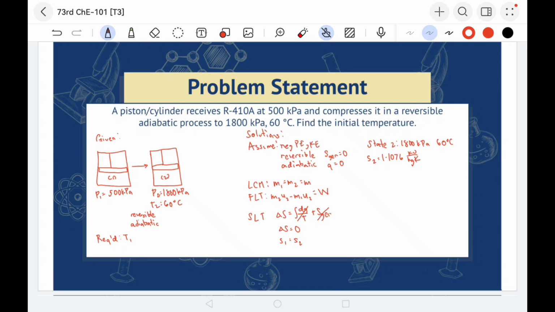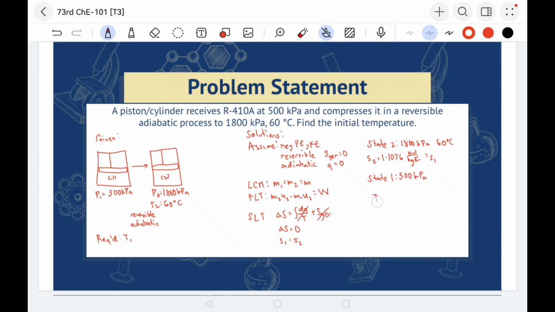And based on our second law of thermodynamics or entropy balance, this is also equal to S1. So now let us look at state 1, where the only parameter that we know is that it is at 500 kilopascals.